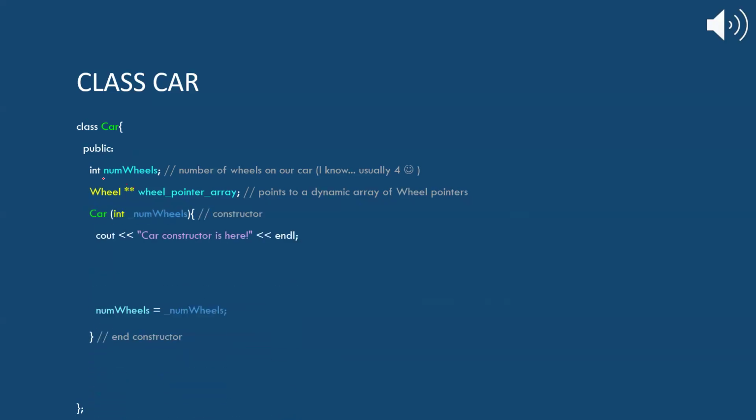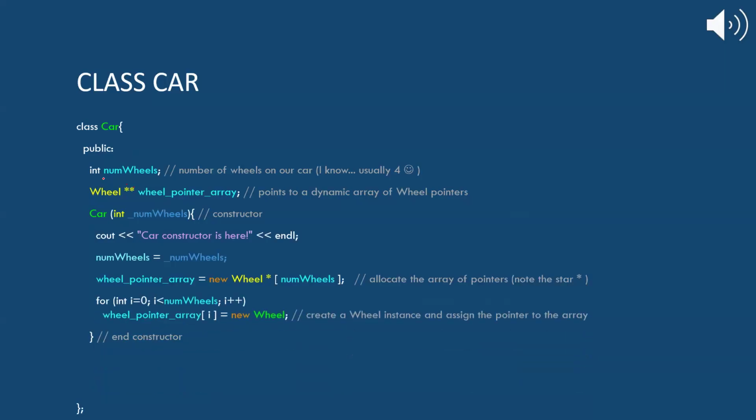So there's our constructor, right? And here's me hooking up a new wheel to every pointer. So now my car has an array of 4 or however many wheels, and then each pointer gets a wheel. That's our constructor, and we are now going to write the destructor for that together, okay?